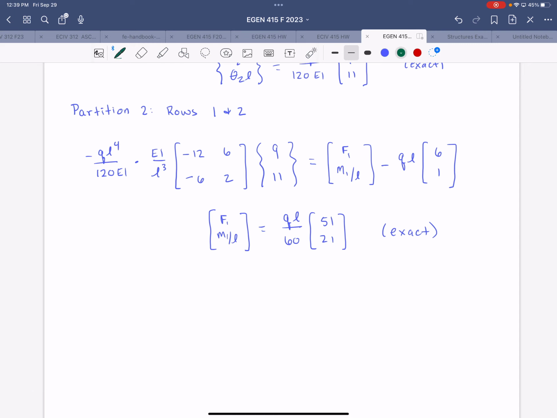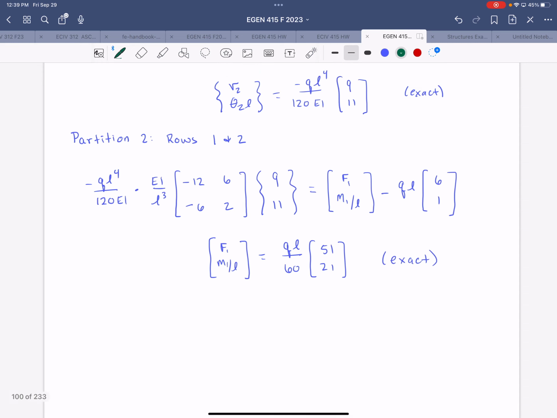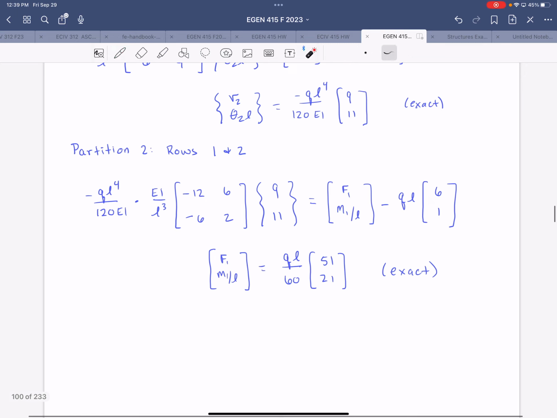Why isn't QL divided by 12 right there, in the second term of partition two? Oh, thank you. I accidentally omitted that. Yep, good catch.